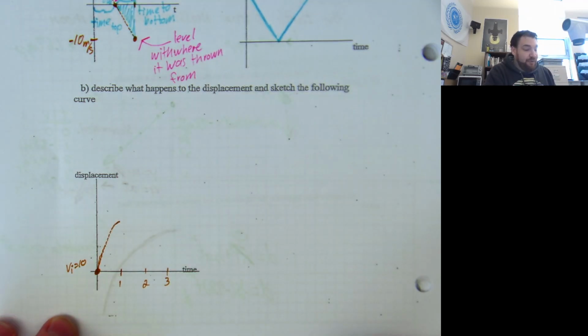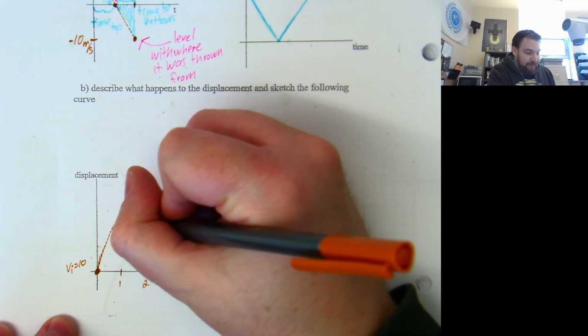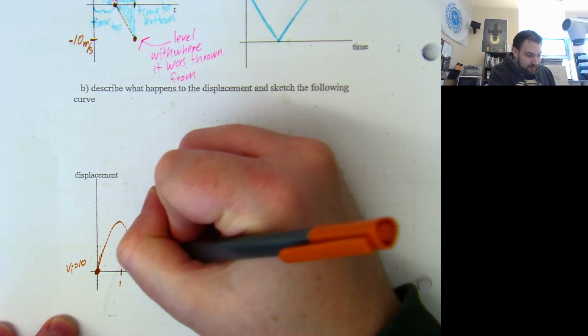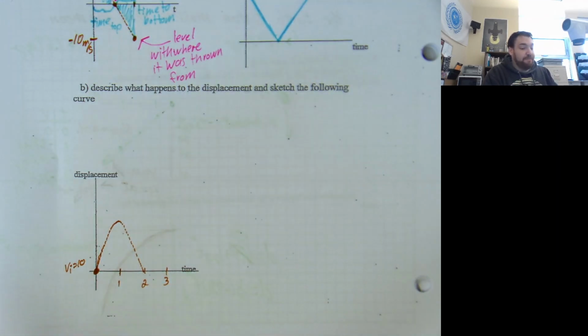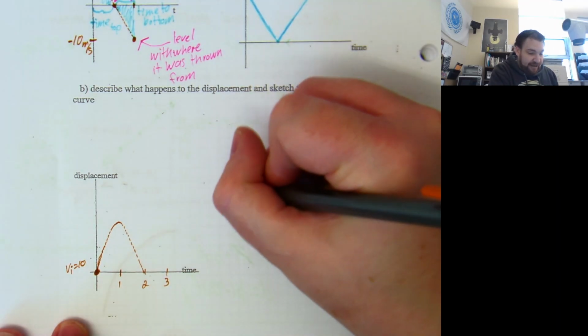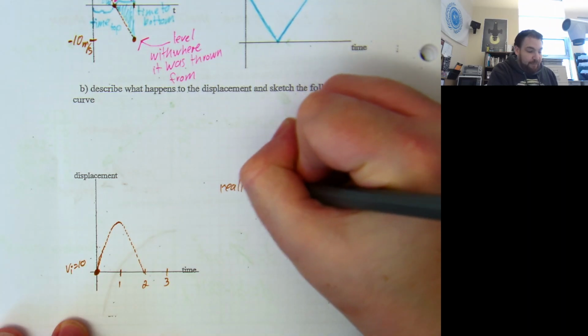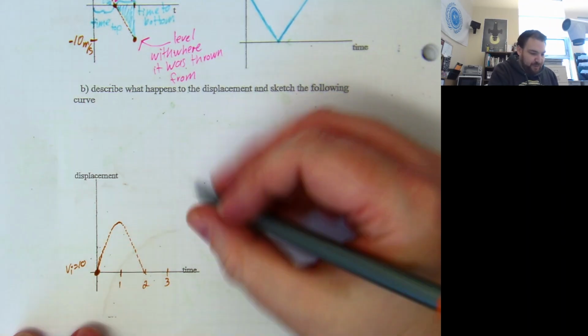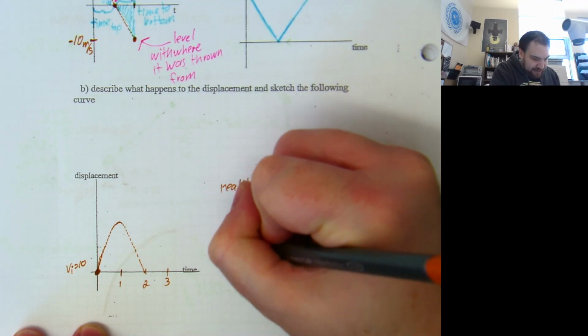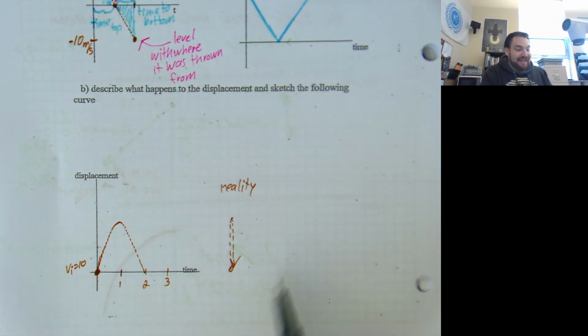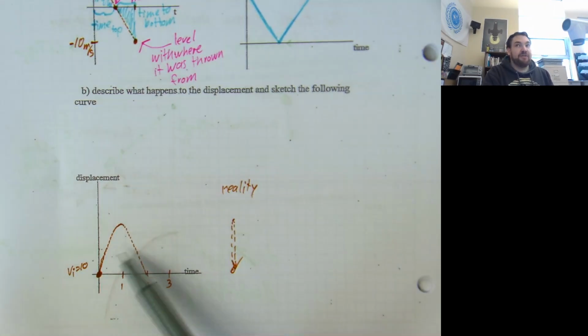By the time you reach the first second, it's going to come to a stop. It's going to turn around, it's going to come back down. So the displacement time graph is going to look like this, when in reality, the ball did not travel this path, the ball just went up and down. It was up, that height comes back down. It's time that causes this whole thing to stretch out.